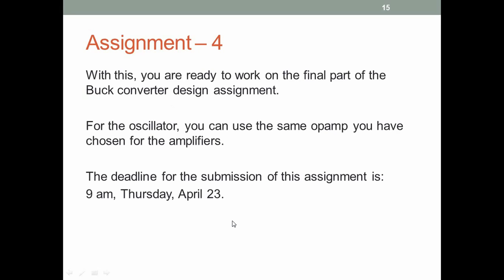Okay, so with this you are ready to work on the final part of the buck converter assignment. For the oscillator, you can use the same op-amp. Well, okay, let me modify this statement. This is not what I want to say. What I want to say is that, number one, you can use either a triangle wave oscillator or a sinusoidal oscillator.